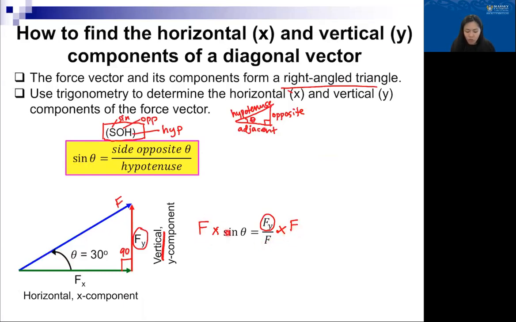Then I also multiply the left side by F. So I have F times sine theta, so that Fy is equal to F sine theta. So this is the equation for getting the y component, or the vertical component, of the diagonal vector.